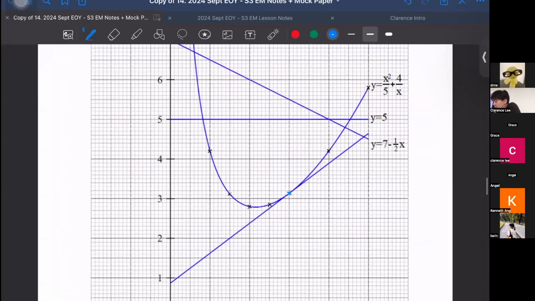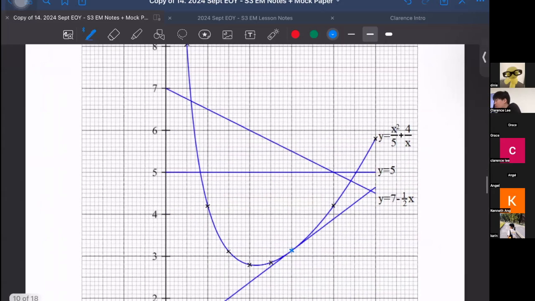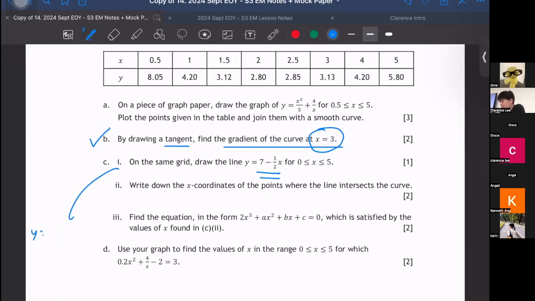Okay? Second one, you look at the x coordinate where the line intersects the curve. You just need to draw this line and find where it intercepts. That's it. So your line is 7 minus half x. When it's a straight line, your life is very simple because it's in the form y equals mx plus c, whereby my gradient is negative half and my y-intercept is 7.